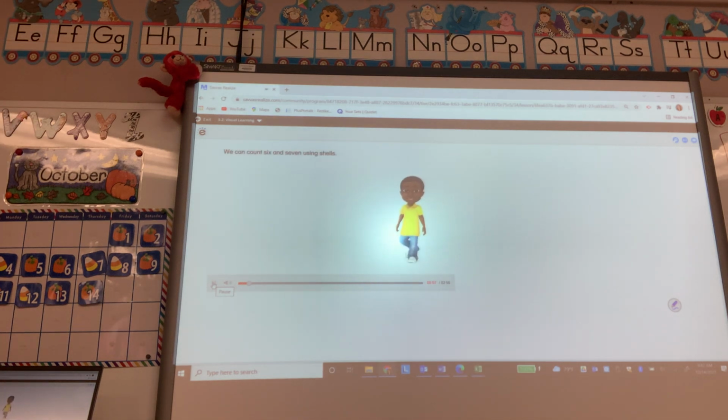We can count 6 and 7 using shells. What do you see? There are shells. How can you tell how many shells there are?